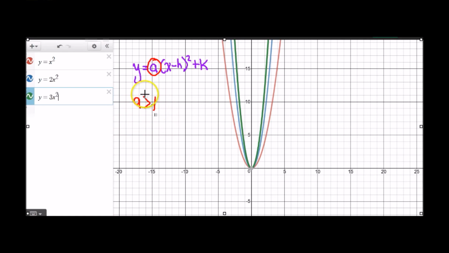So when a is greater than 1, this is called a vertical stretch, and it is written as by a factor of a. Whatever the value is, we pop it in there. So in the case of this one here, we would say that this is a vertical stretch by a factor of 3.